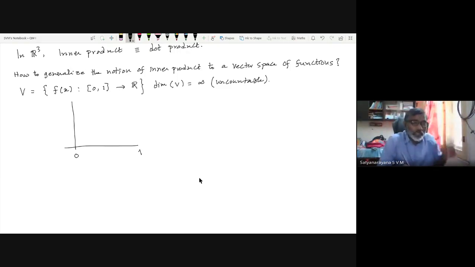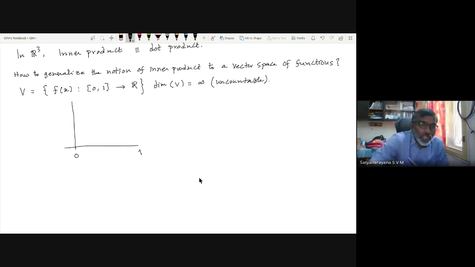Now let me say that for some reason I do not know the function completely. Let's say this is a solution of some differential equation and I cannot solve it analytically, but I have some kind of numerical solution.